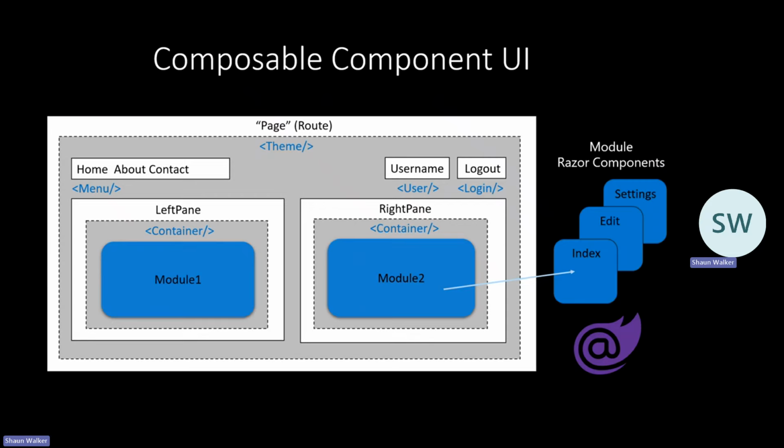The really powerful thing with the composable component UI is, if you need to make a content change to one particular page, you can make that kind of a change just by altering the configuration, as opposed to having to physically change code and do a full deployment of the application. So it can be quite efficient from that perspective.